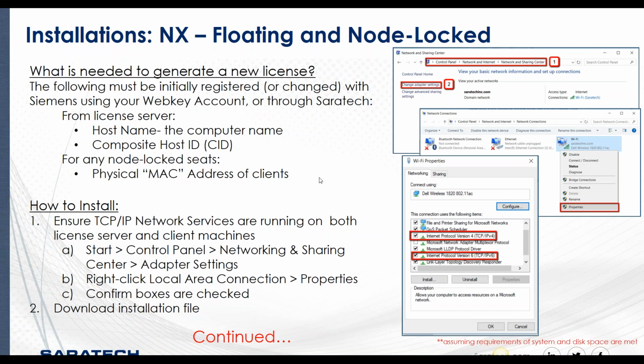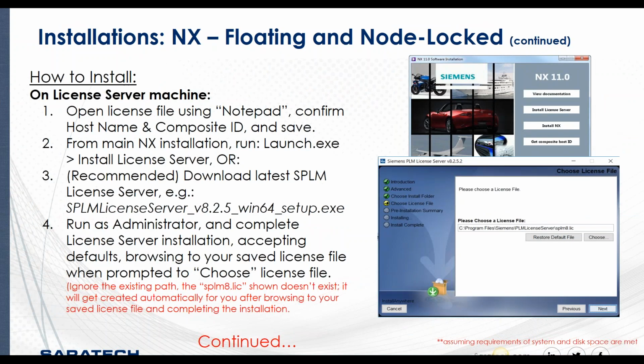Once you ensure that your network is running smoothly, you're going to download the installation files. So installing on the license server machine, what's nice is that NX has its own complete license server GUI, so it's easy to manage. You're going to open the license file that you received through Saratech, and then open it using your favorite editing program.